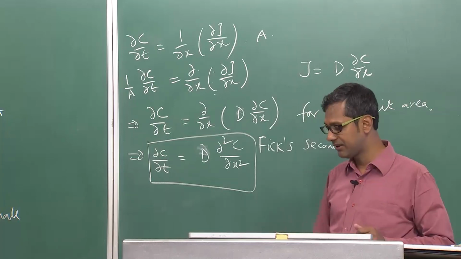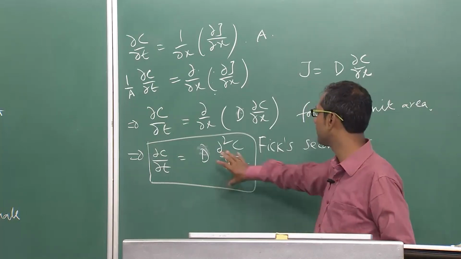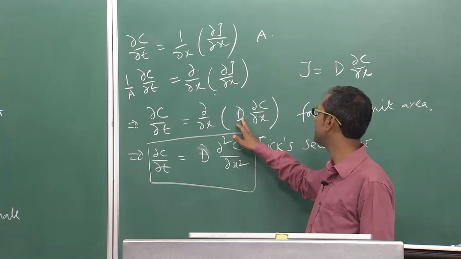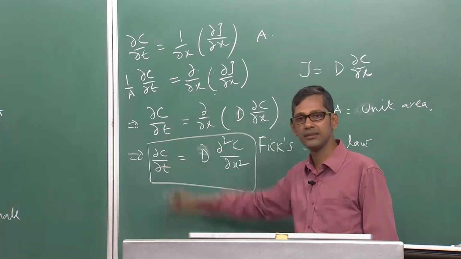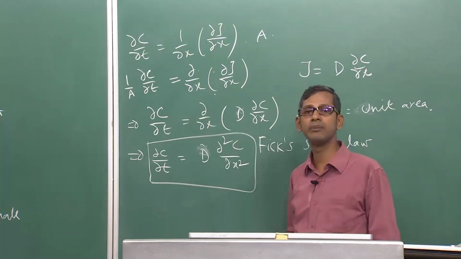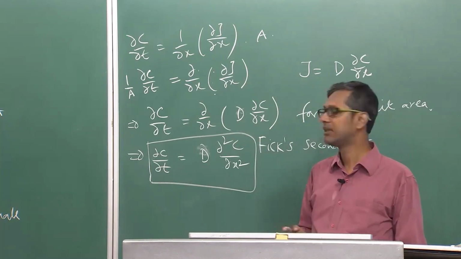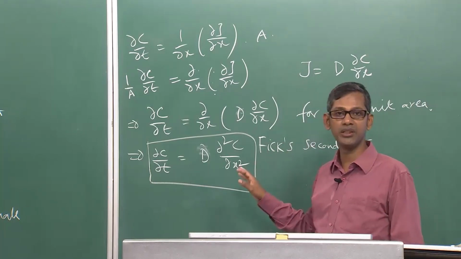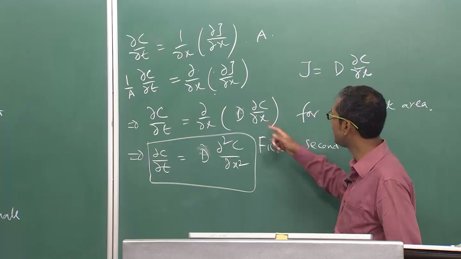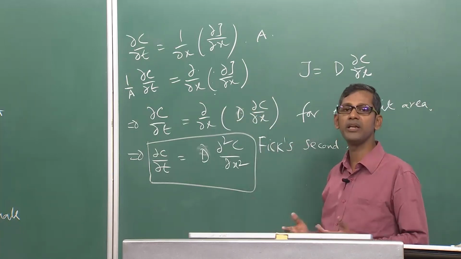So, this expression, especially the last one where we assume D to be independent of x and also t, that means D is a steady state value and does not depend on the spatial variables, is what we use in the metallurgical community. But for the sake of understanding, it is very clear D need not be a constant.